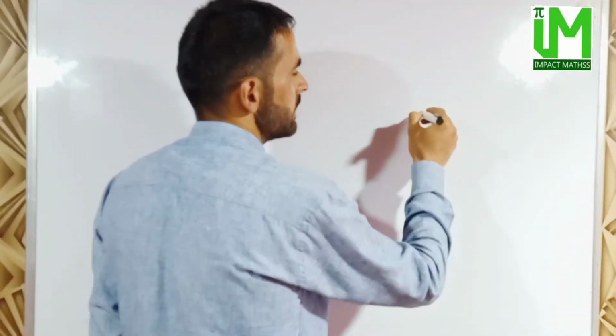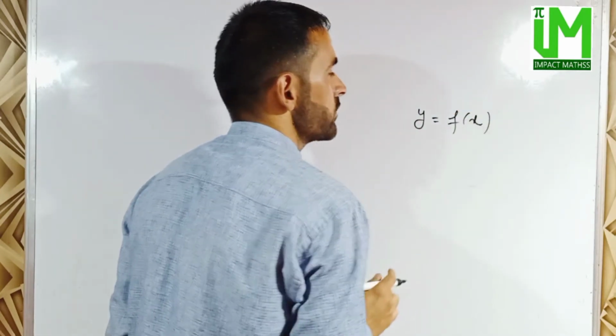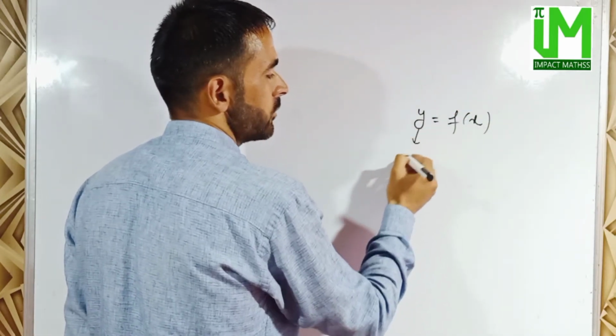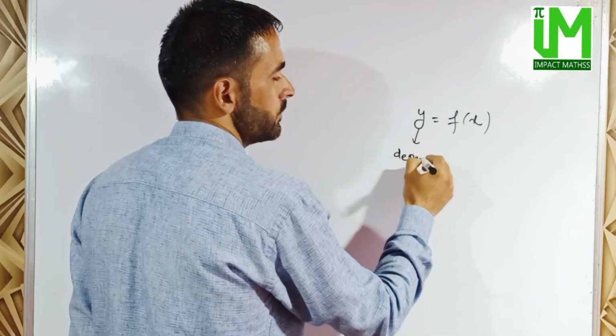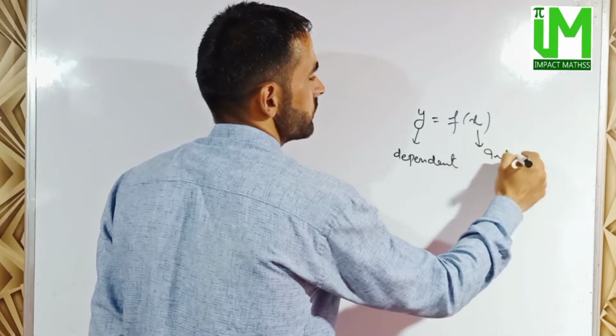Now to make it more simple, say if we have y is a function of x. That means y will be called the dependent variable, and this x will be independent variable.